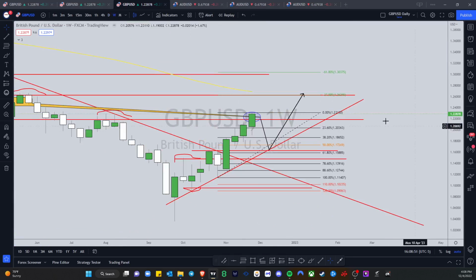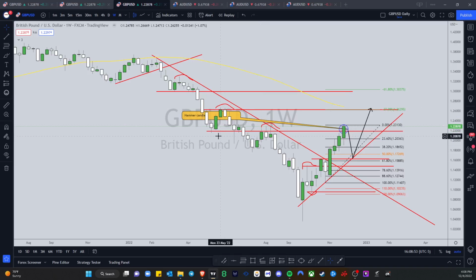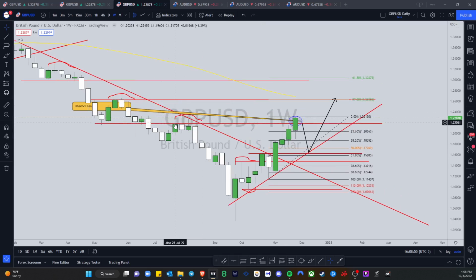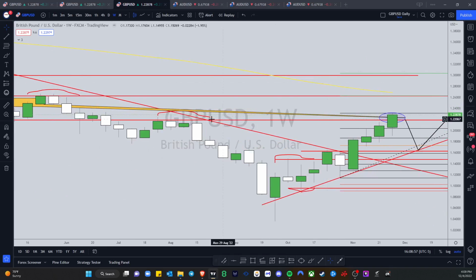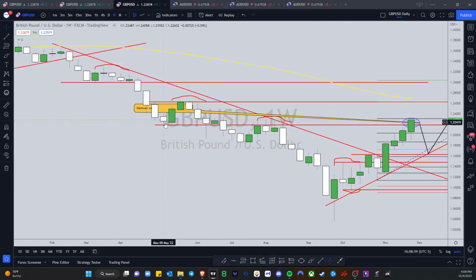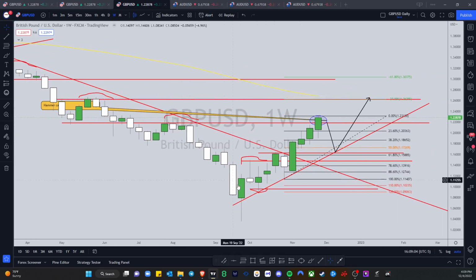Let's look at what the weekly looks like. Yep, it's pretty much similar to what AU showed us, right? Support level broken, retest, right? Again, went down and came back up to that same level of resistance, right?